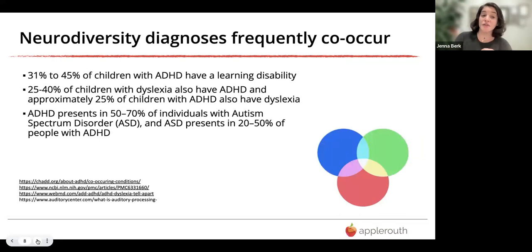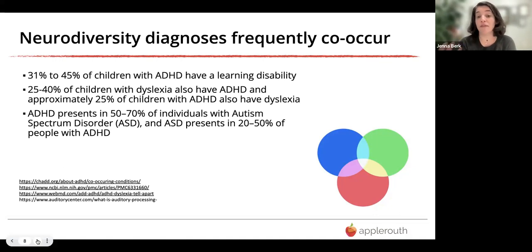And there are a lot of neurodiversity diagnoses that frequently co-occur. Anywhere from 31 to 45% of children with ADHD also have an additional learning disability, and 25 to 40% of children with dyslexia also have ADHD, and 25% of children with ADHD also have dyslexia. They're all related.